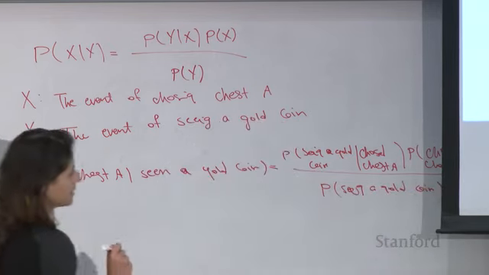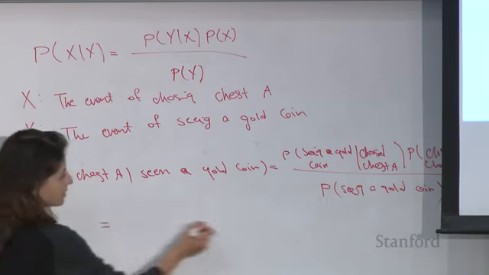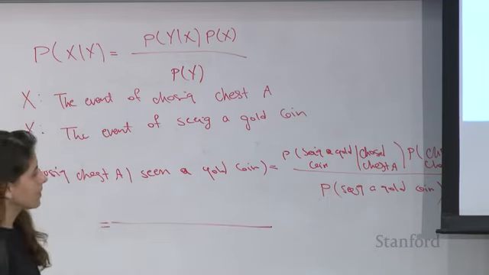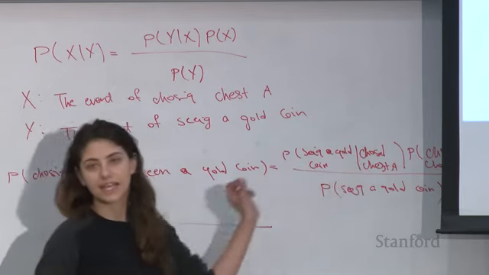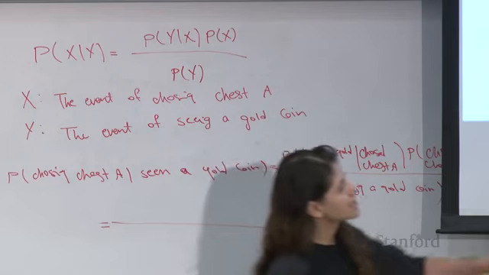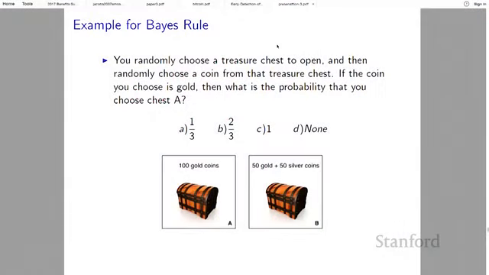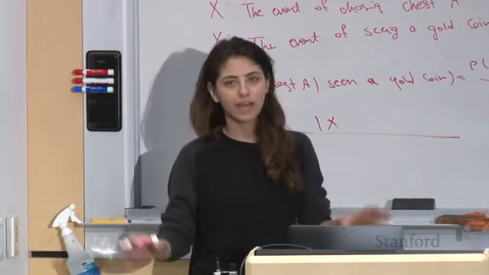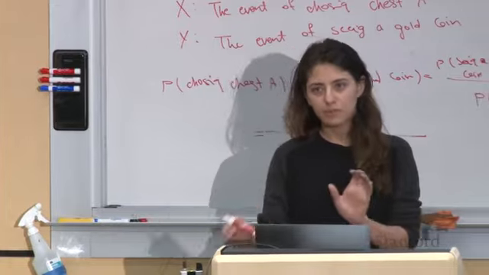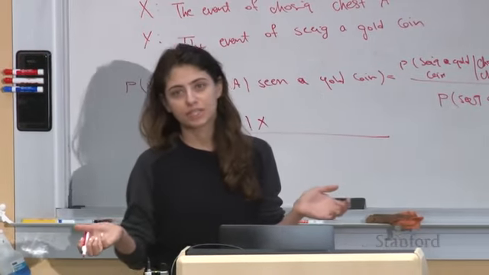Okay, let's do it together. What's the probability of seeing a gold coin given that we already chose chest A? If you choose chest A, what's the probability that the coin you take out is gold? 1. What's the probability that you choose chest A? You have two chests, and you randomly pick one of them. Half, right?